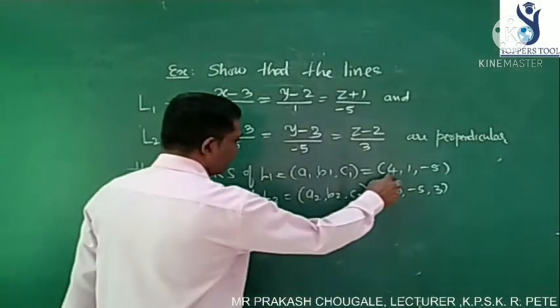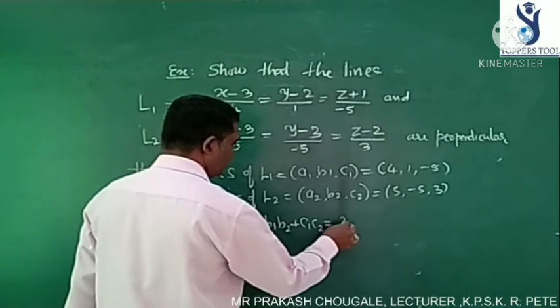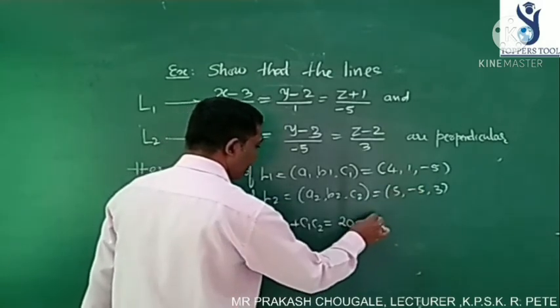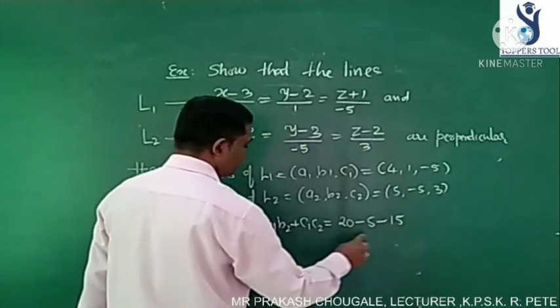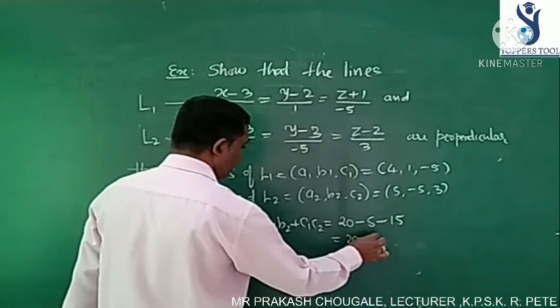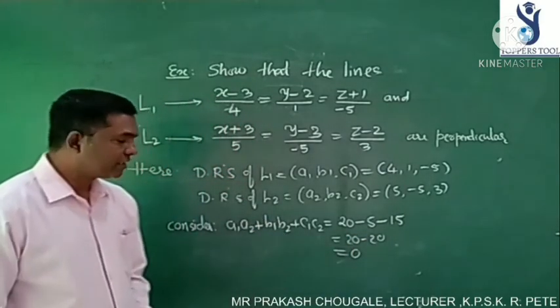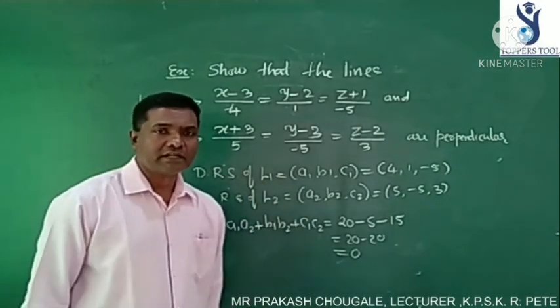So let us multiply directly. 4 into 5 is 20, 1 into minus 5 is minus 5, and minus 5 into 3 is minus 15. So it is 20 minus 20, which is 0. So directly you can conclude that the given two lines are perpendicular.